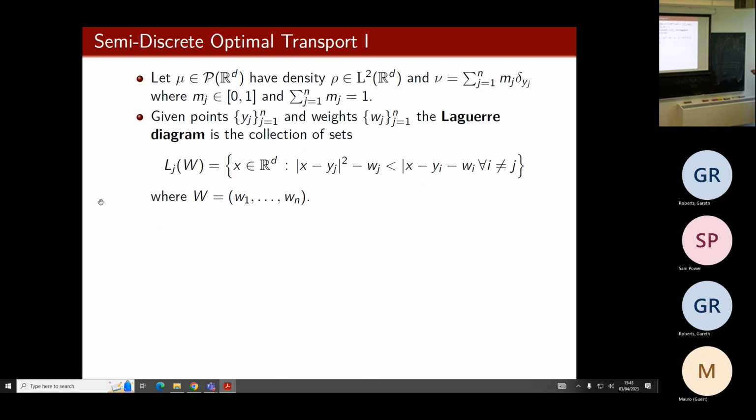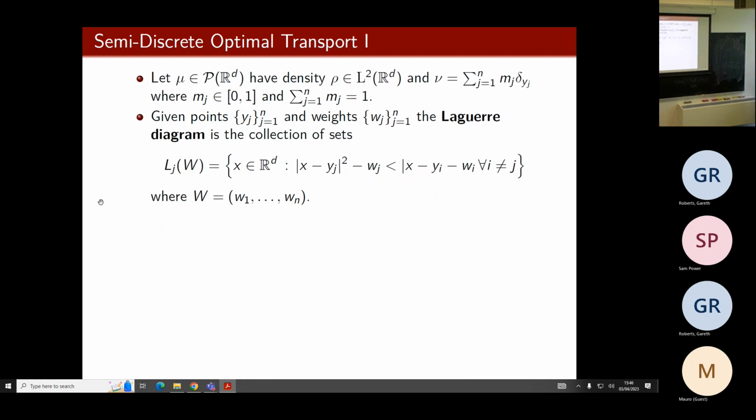Okay, so I want to define a Laguerre diagram. The Laguerre diagram is defined using two sets: first of all, you need a set of points, and you need a set of weights. In my notation, I tend to hide the set of points, and W represents the vector of all the weights.